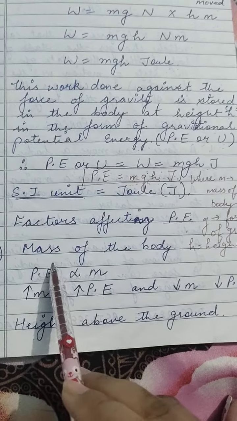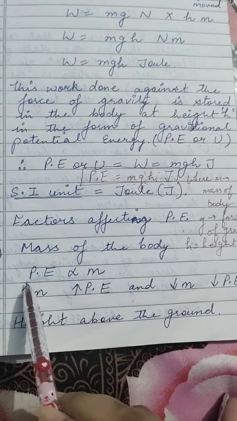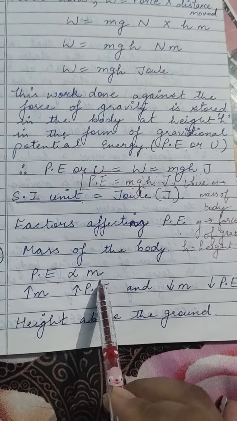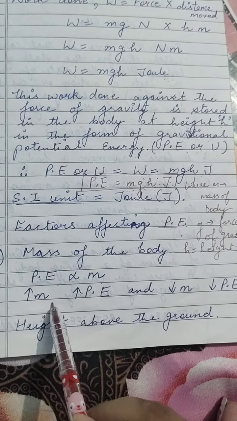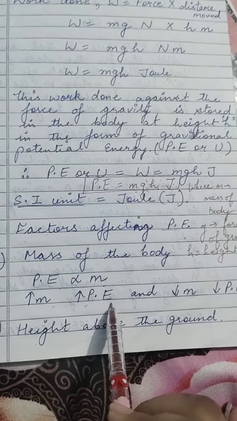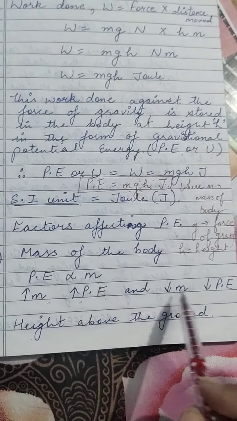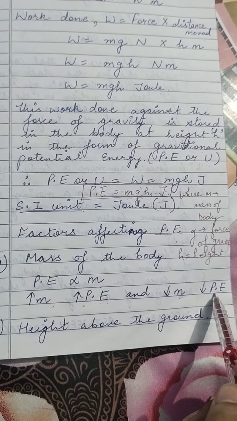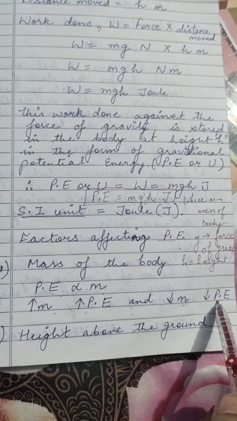The first is the mass of the body. Gravitational potential energy is directly proportional to the mass of the body. More is the mass of the body, more will be the gravitational potential energy. Less is the mass of the body, less will be the gravitational potential energy.